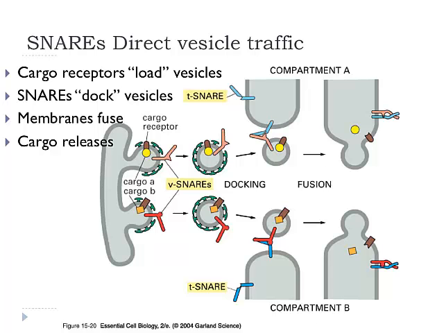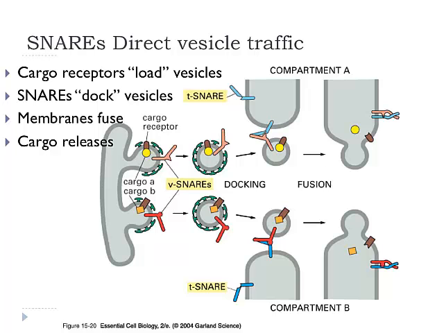Once you get the interaction, a very specific interaction, because there are different types of V snares found on different vesicles and different types of T snares found on different compartments. So the plasma membrane T snare will not be the same as a T snare on the Golgi.